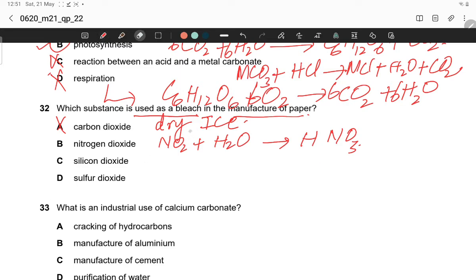Silicon dioxide is not used as a bleaching agent, this is sand, so this is incorrect.